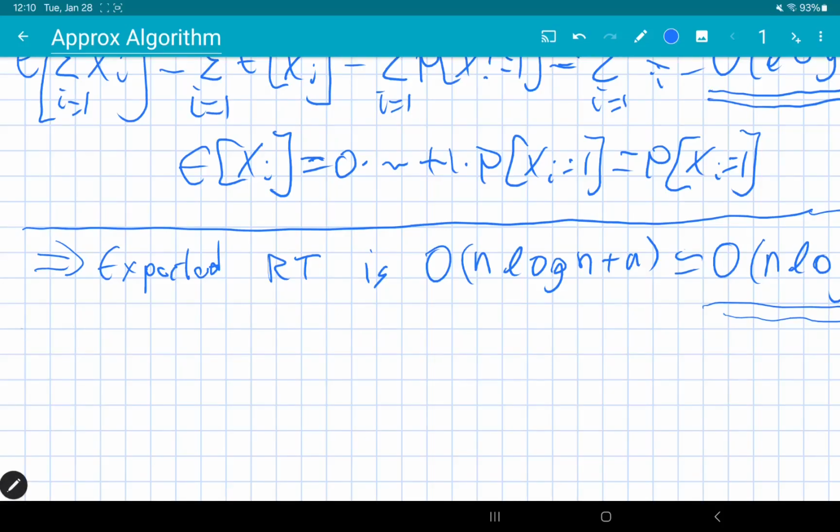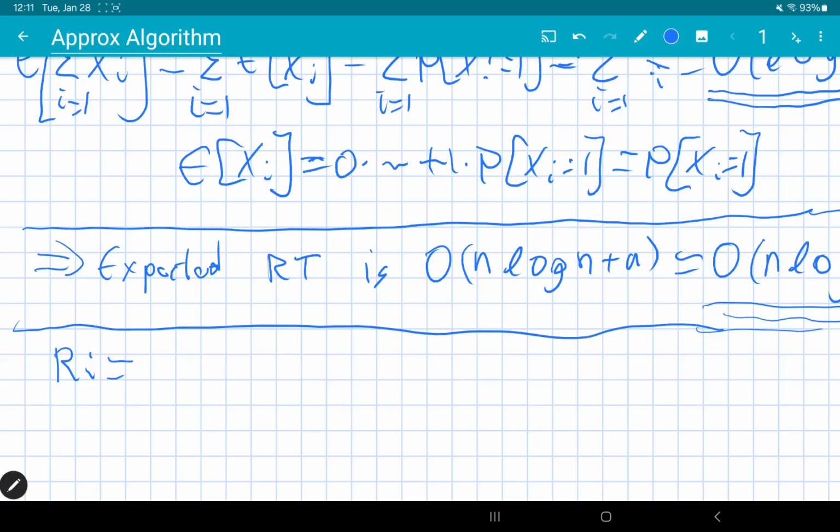The trick, we are going to use the fact that the rebuilds are really not O of n each rebuild. The early rebuilds cost much less, right? So our analysis was very pessimistic, and it was so pessimistic that it was wrong. So let Ri be the running time in the ith iteration.